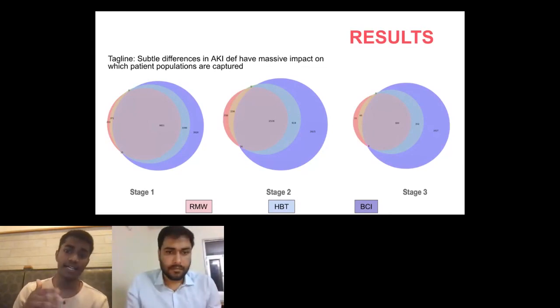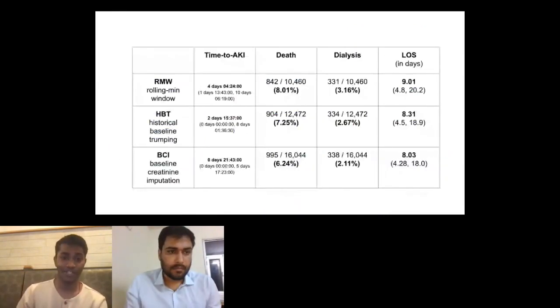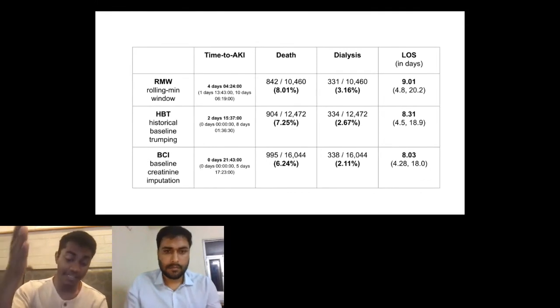So we have all these various metrics of interest, deaths, dialysis, length of stay, to compare how different definitions are comparing. The most iconic, the most emblematic difference is that as you go down in terms of definitions, you can see that the baseline creatinine imputation has a significantly quicker time to AKI.